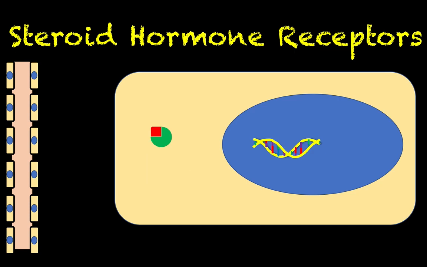This active transcription factor can now move into the nucleus, where it can find the promoter of whichever gene it is meant to activate, and that will eventually lead to the transcription of that gene into a messenger RNA, and then the eventual production of a protein that this particular cell was not making before.